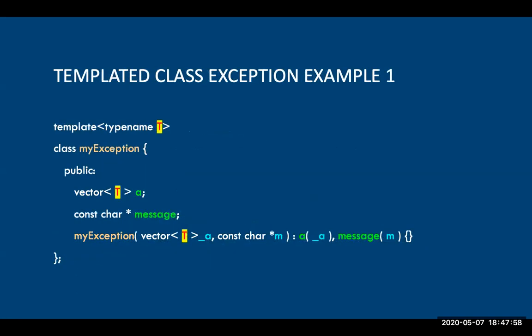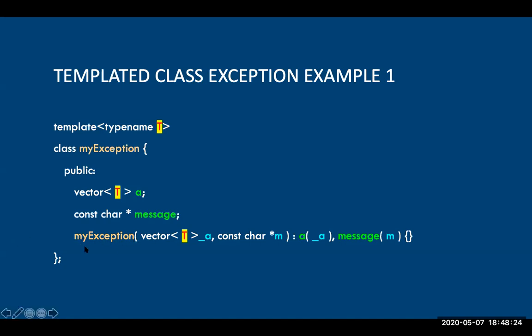So here's an example of a simplified exception class. In our case, we're pretending all we're dealing with is this vector function. So we have a vector of type T called A. So we've templatized our class, right? So A is a vector of type T. And then there's some message that we want to pass along that we can print out that explains what's going on.